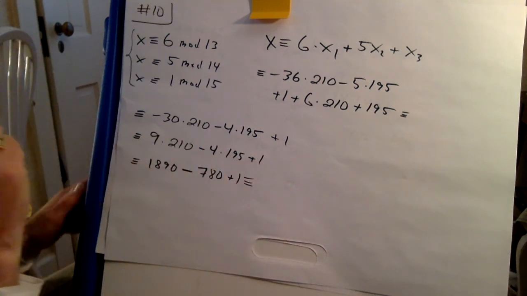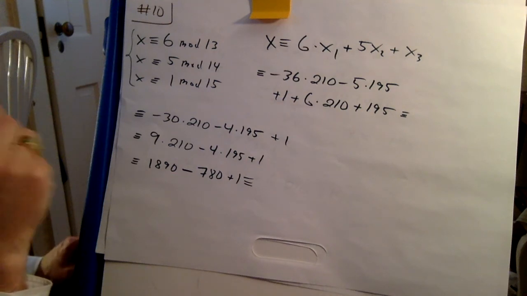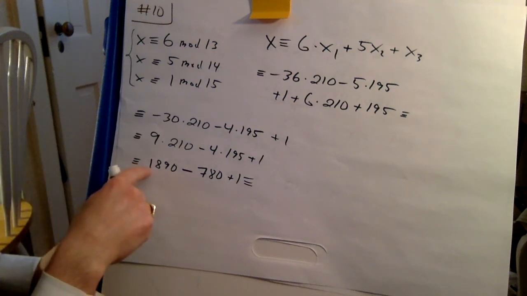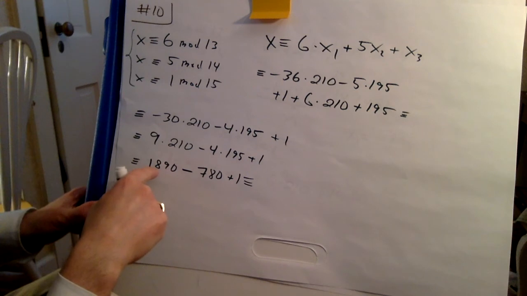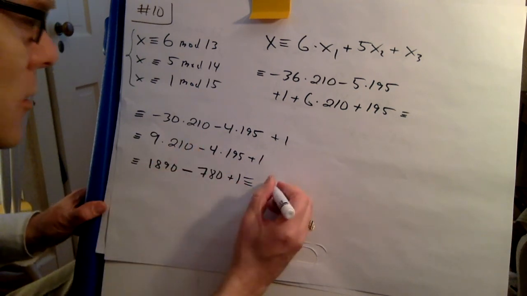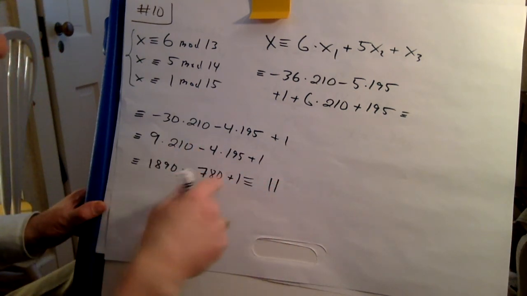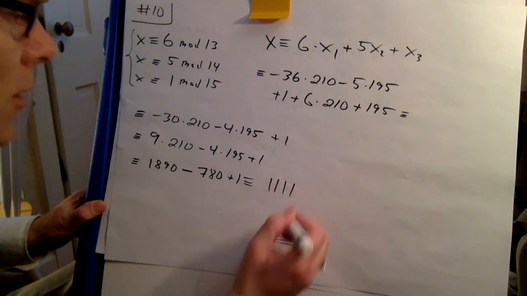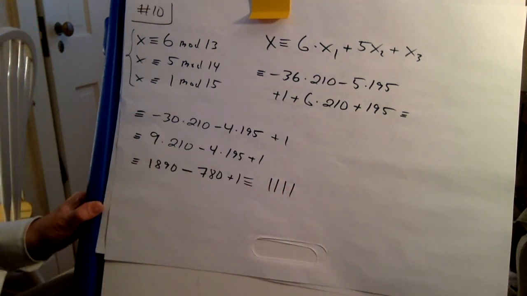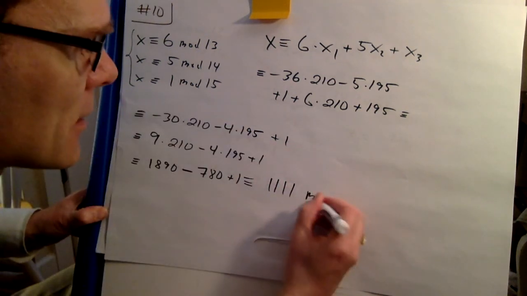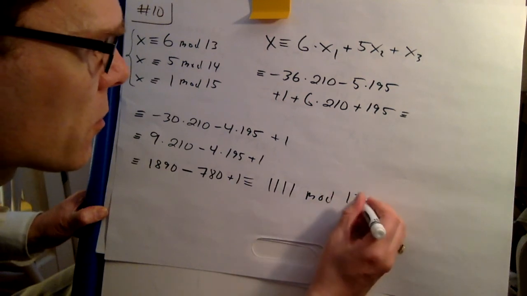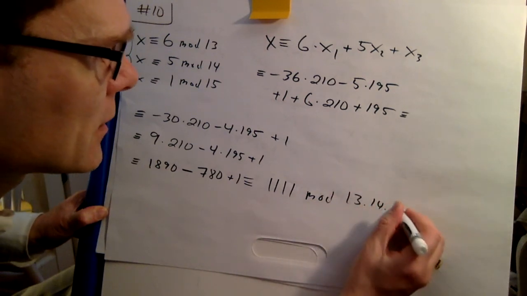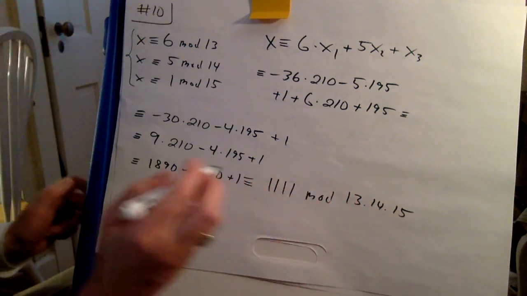Let's see what this is equal to. We'll get 1000, then I get 800 minus 700 is 100, then I get 90 minus 80 is 10, and then plus 1, 111. So that's our x, and remember now everything here is mod 13 times 14 times 15.